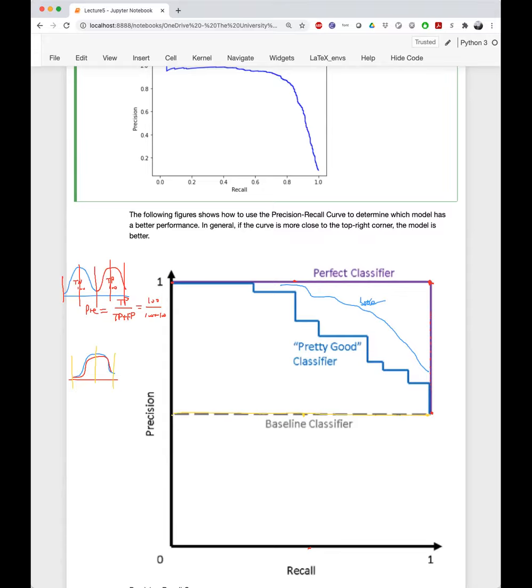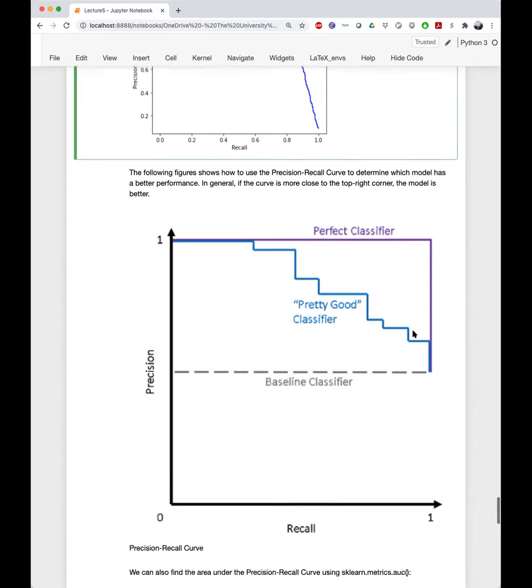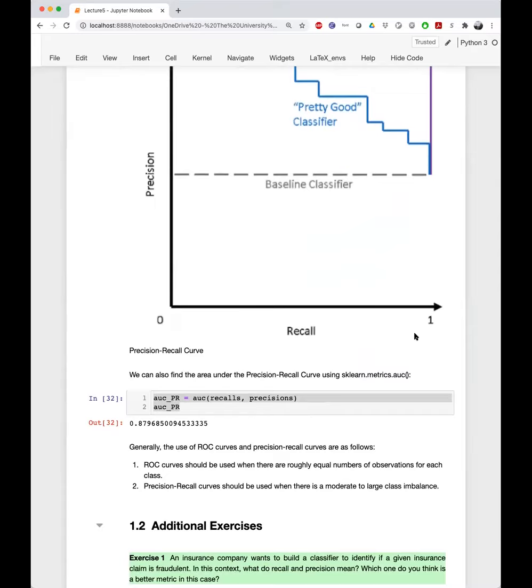As you get a better model than the random classifier, you will move up this curve, and the best case is here. So the closer to the top right corner, the better the model is by using this precision recall curve. We can also find the area under the precision recall curve.